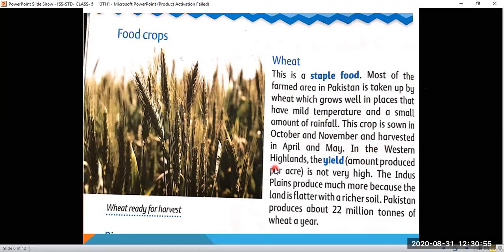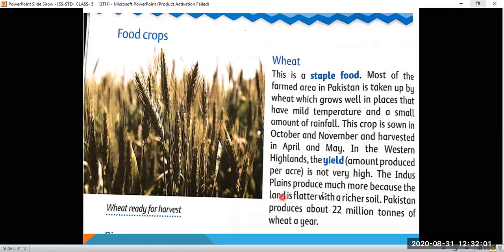In the Western Highlands, the yield is not very high. The amount produced per acre is called the yield. It means in the Western Highlands the amount of production per acre is not very high.